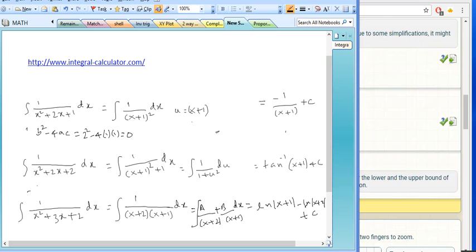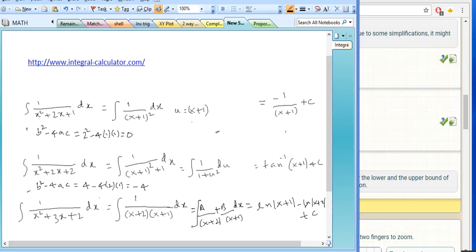Now what about this? You have b squared minus 4ac in this case equal to 4 minus 4 into 2 into 1, which is equal to negative 4. When it is negative, you would have the case of a tan inverse or arctan.